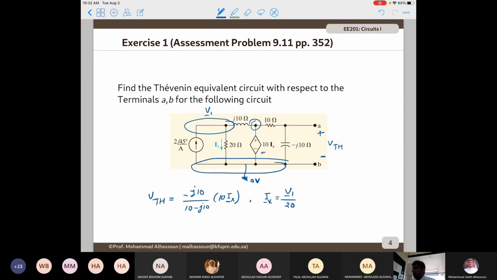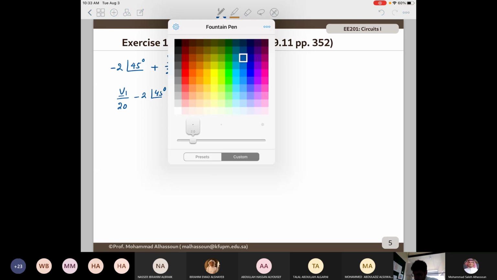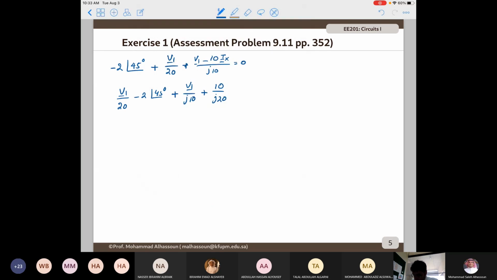Okay, hold on a second, I think I made a mistake. Okay, minus 2∠45. This one should be plus. This one should be minus. Yes, plus and minus. And Ix is going to be V1 divided by 20.